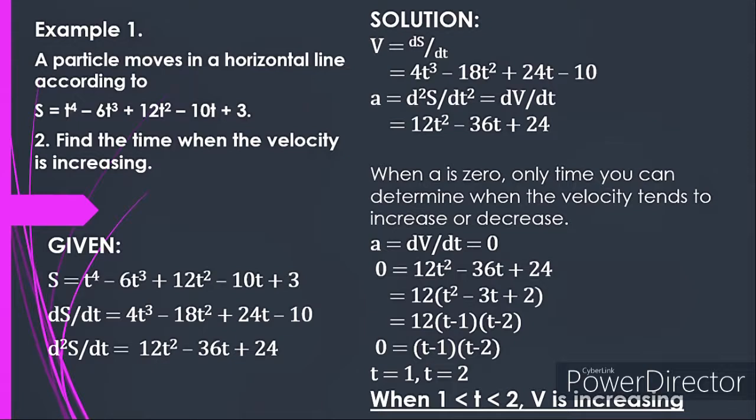So dito class, naka-maximum and minimum tayo. Ibig sabihin, 0 yung kanyang velocity, tama, 0 yung kanyang acceleration sa time na kung saan ang time natin ay more than 1 second pero less than 2 seconds.